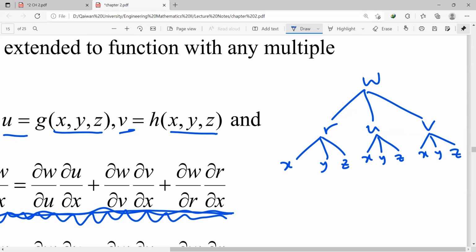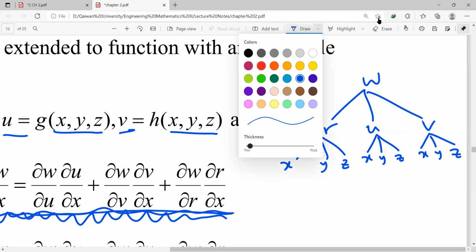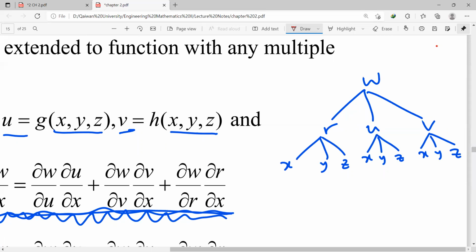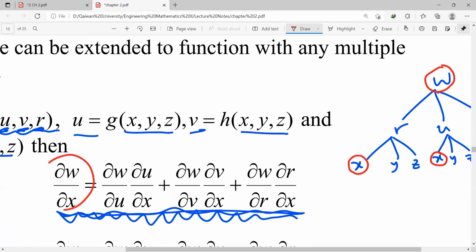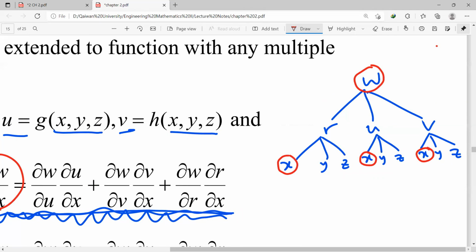Now, if you want to find partial w by partial x, look, this is w, this is x, and this is x, and this is x also. We say partial w by partial x equals partial w by partial r times partial r by partial x.